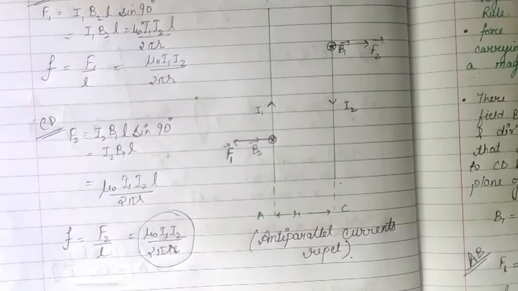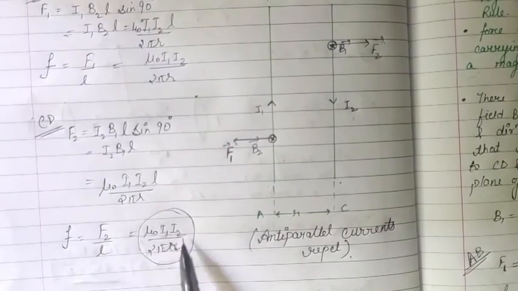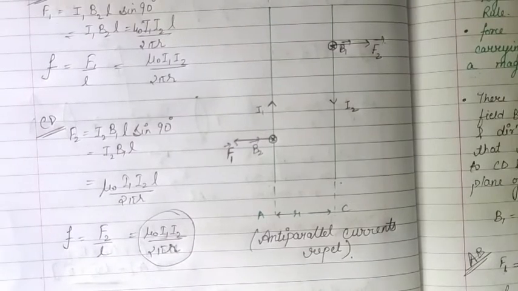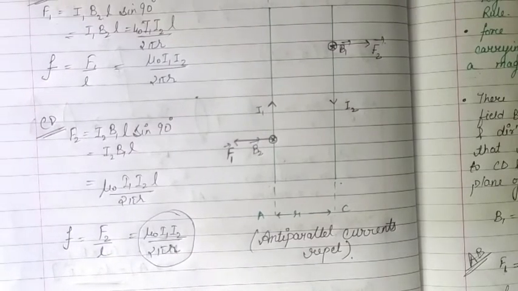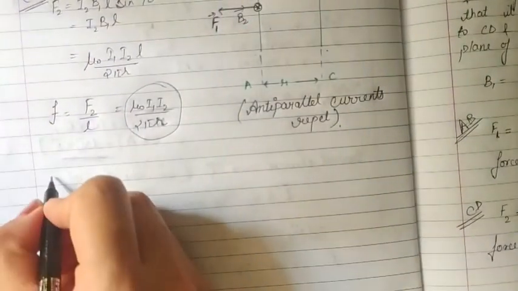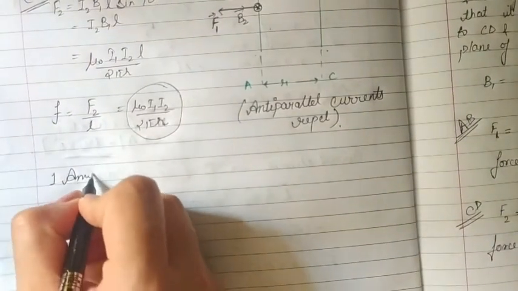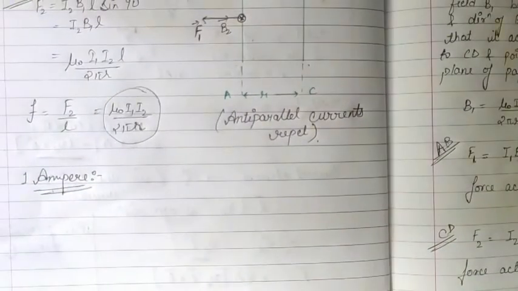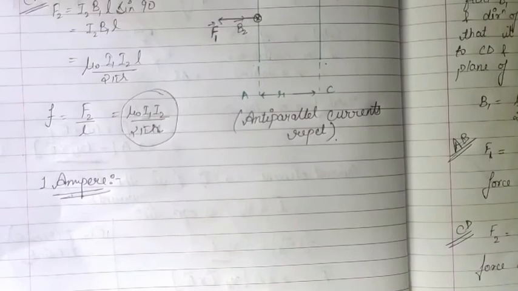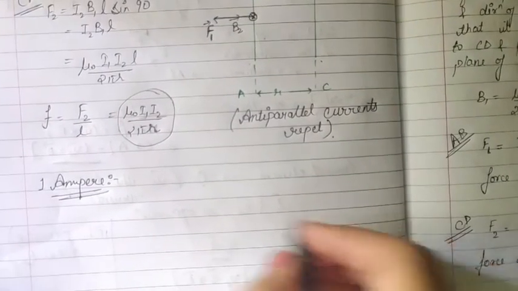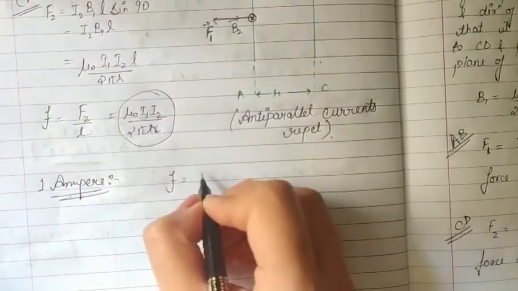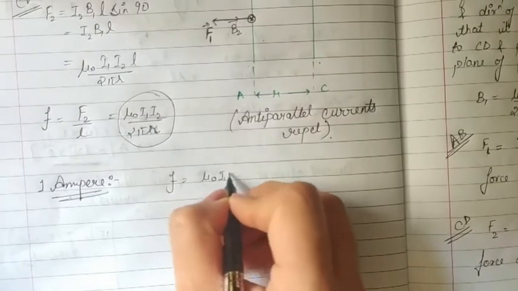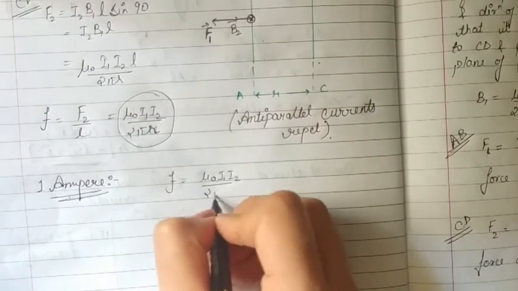Now, by using this value mu naught I1 I2 upon 2 pi r, we can also define 1 ampere. Let's see how. For this we have small f equal to mu naught I1 I2 upon 2 pi r.